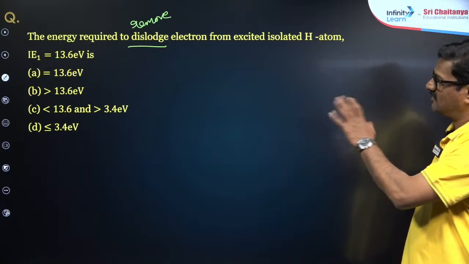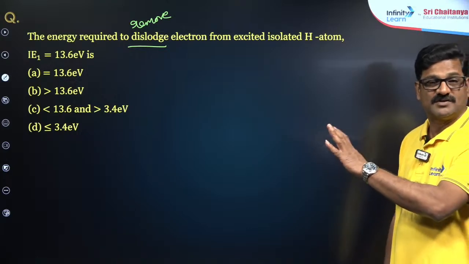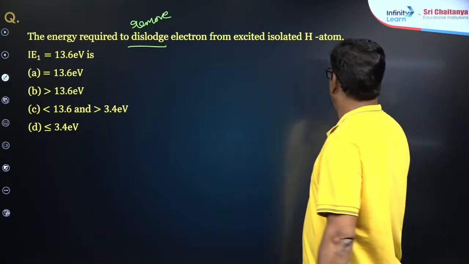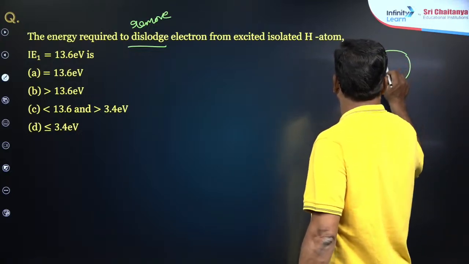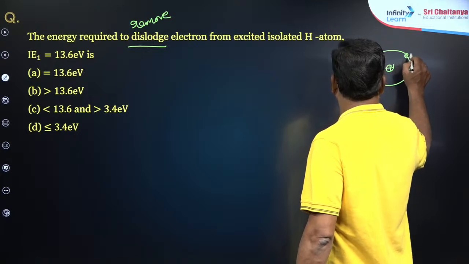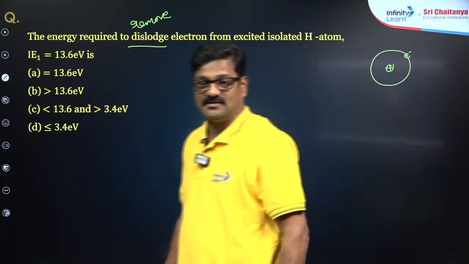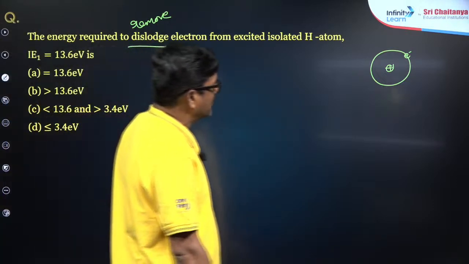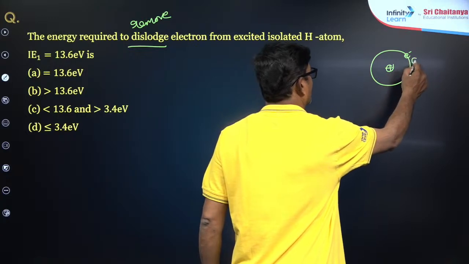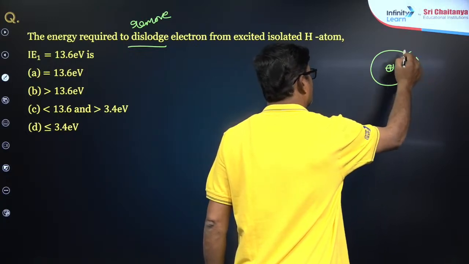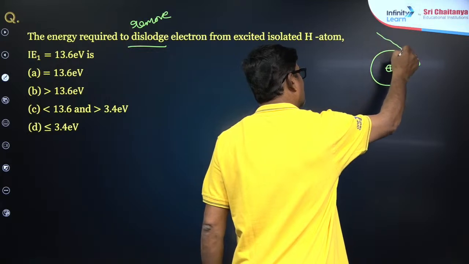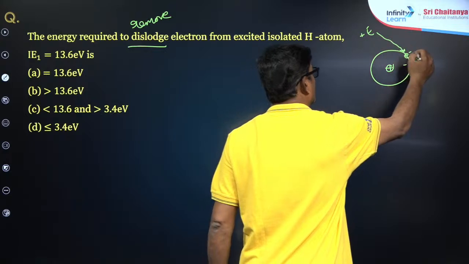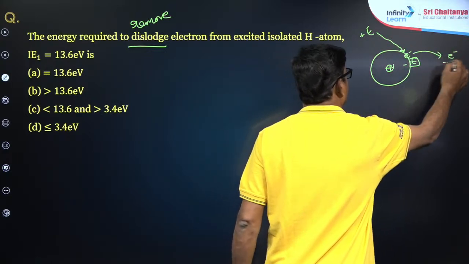See, the question is not about the numerical here. The question is about understanding the concept. If an electron is here, let it be the electron is at ground state or any other excited state, it has some energy. If you give that much energy, the minus and plus will cancel, so the electron will be dislodged and go to rest.